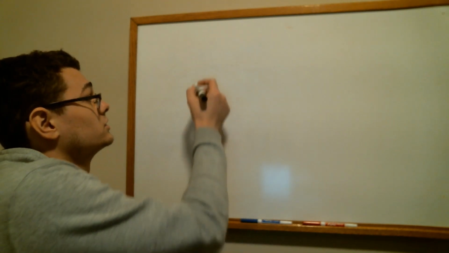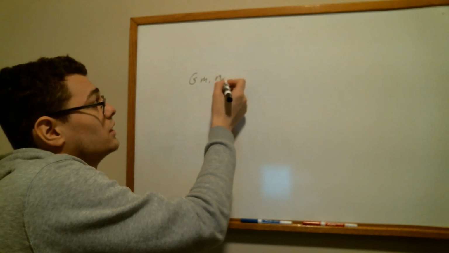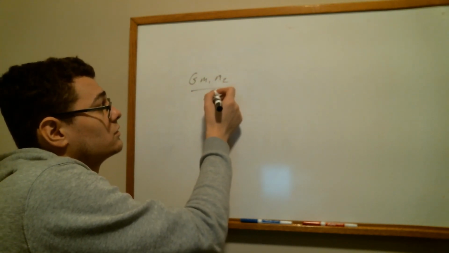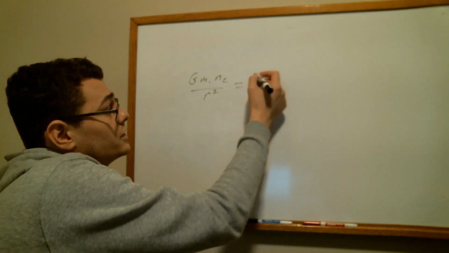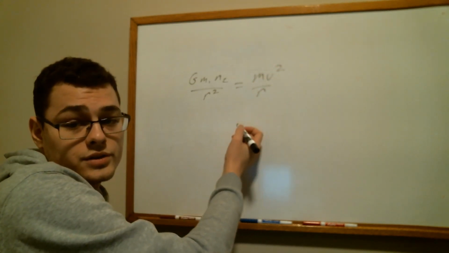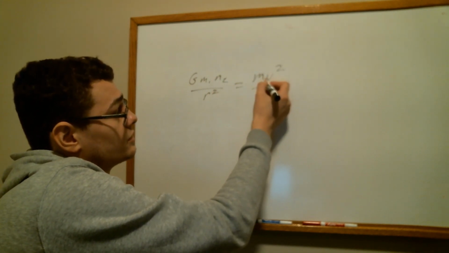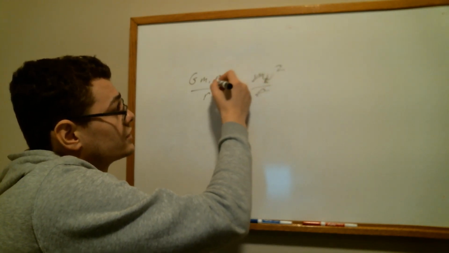You just go ahead and say that G m1 m2 over r squared is going to be equal to m v squared over r. And so then this r cancels with the square. This m is going to be m2 here, so this is going to cancel with this.